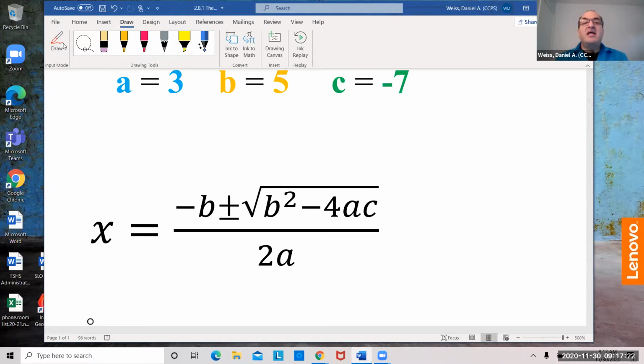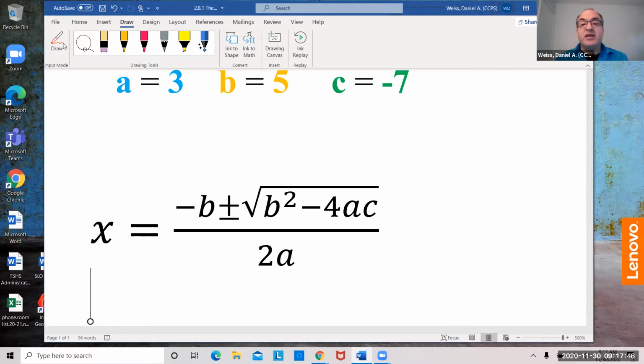This equation is actually derived from basically ax squared plus bx plus c equals 0. If you want, I could derive it for you. I could show you how this all comes into play, but I'd just like you to know that this works, okay?